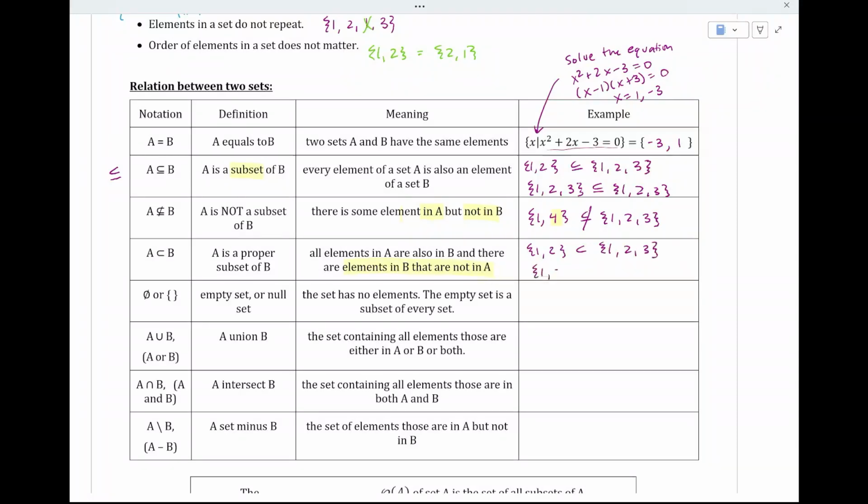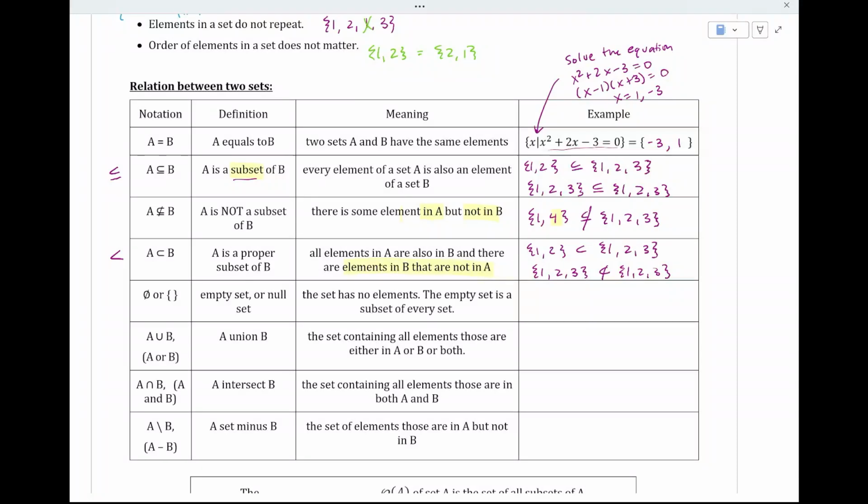But {1, 2, 3} is not a proper subset of {1, 2, 3}, because there's no elements in this right-hand side that are not in the left-hand side. They're exactly the same. So this is kind of like a strictly less than, not or equal to. Whereas this subset case up here, we allow the or equal to.